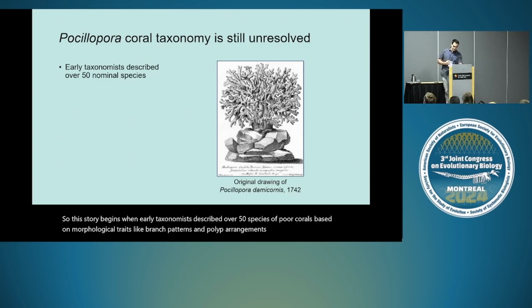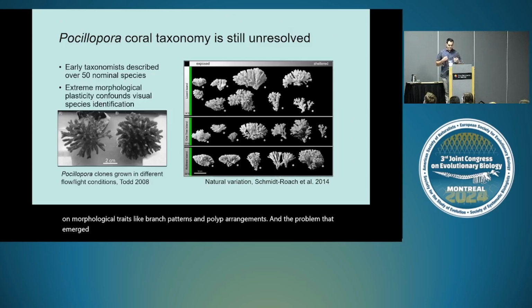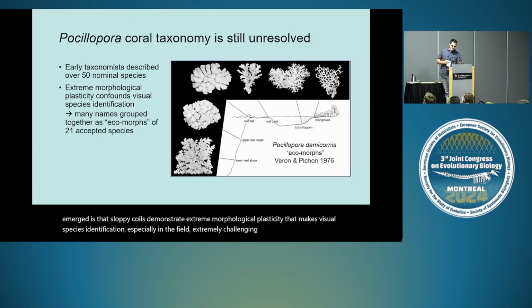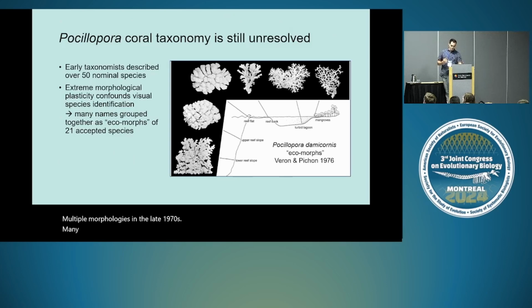The problem that emerged is that Pocillopora corals demonstrate extreme morphological plasticity that makes visual species identification, especially in the field, extremely challenging. Since the same species growing across different environments can present multiple morphologies, in the late 1970s, many of these original species names were grouped together as ecomorphs of only 21 currently accepted species.